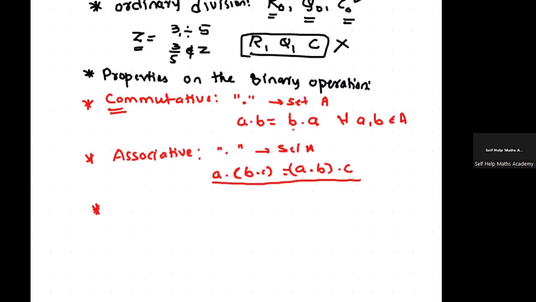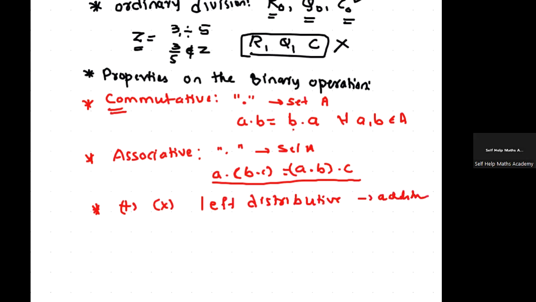Then say, for example, a set A has two binary operations, addition and multiplication. If it has both the addition and the multiplication binary operation, then the multiplication is called left distributive over the addition, because I have both operations on this particular set.